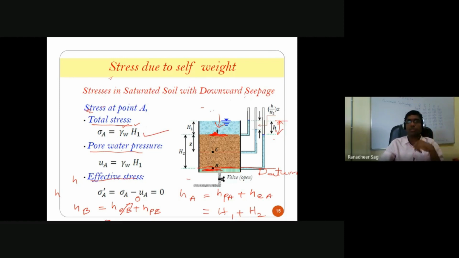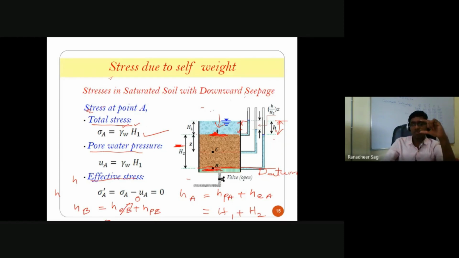Now, once I understand the total stress at point A, let's move ahead to understand how to calculate the pore water pressure corresponding to the position of point A. The pore water pressure at point A is determined by the rise of water level in the standpipe inserted at the position of point A. Water in that standpipe has risen up to this level, so the pressure head corresponding to point A is the same H1 meters.